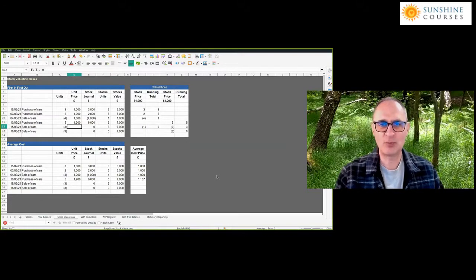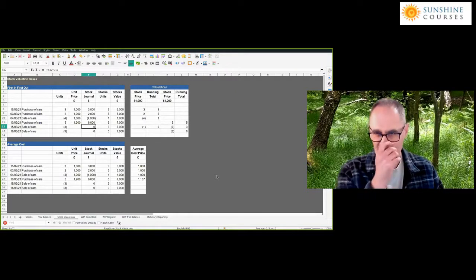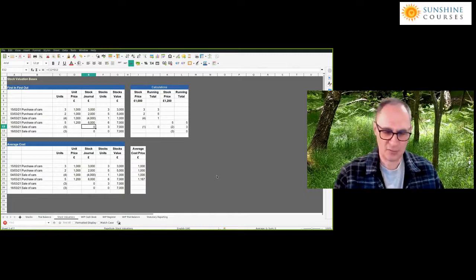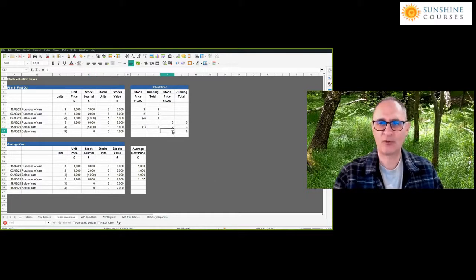So I could put in a unit price here, but what I'm actually going to do in this case is put in the actual amount of the price, and that's two of them at £1,200, one of them at £1,000. That's £5,400. And when I come to sell the final three, all three of those are at the £1,200 price range. So I can actually now put the £1,200 in.